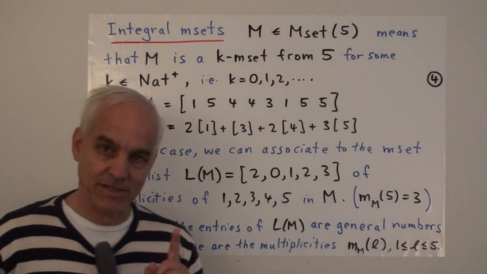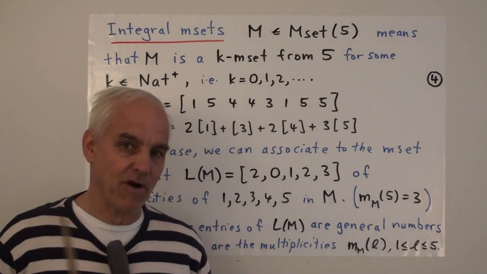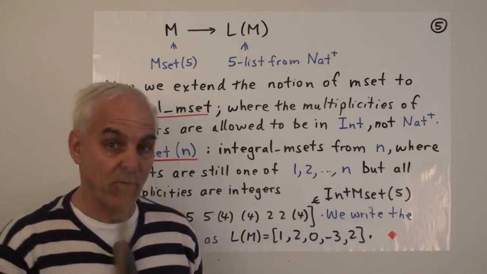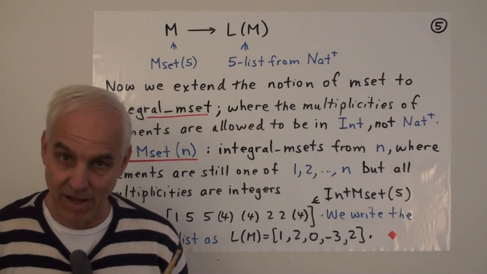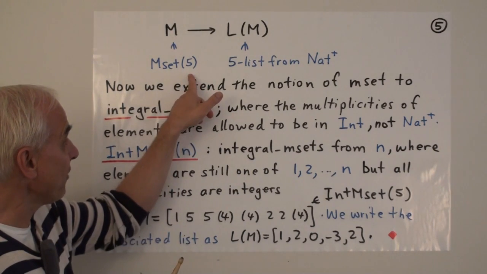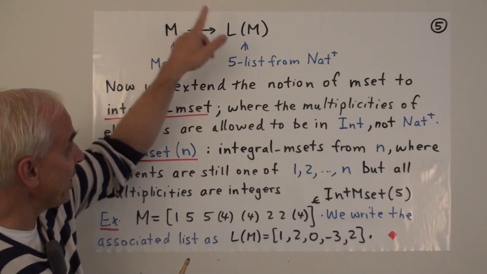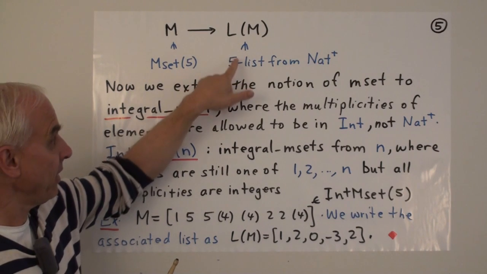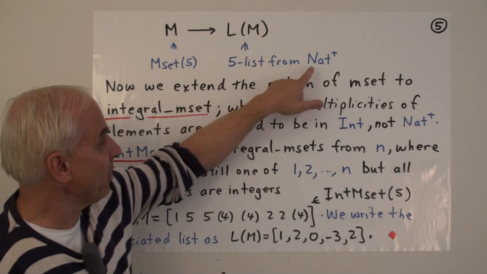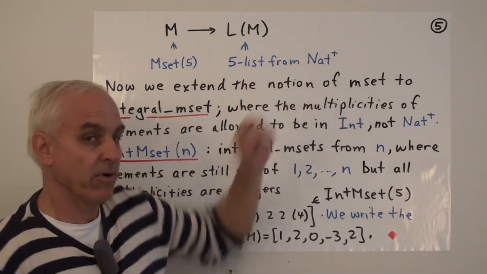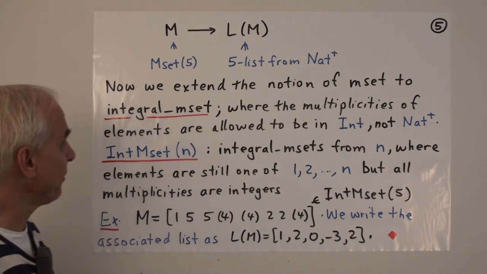That's a very interesting kind of enlargement of our point of view. To summarize what we've just done, we started with the mset capital M, which was an mset from 5, and to it we associated a list. In fact, it was a 5 list, whose entries were natural numbers, including 0.